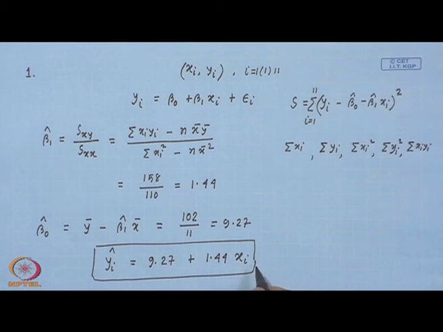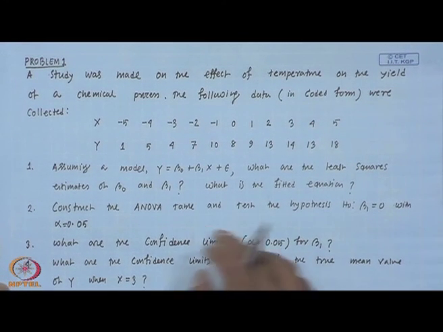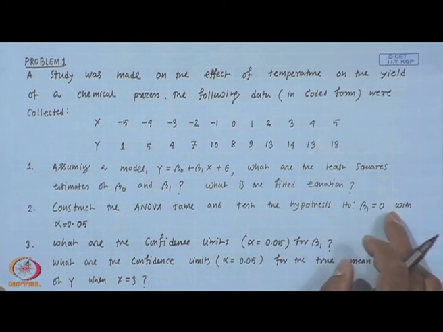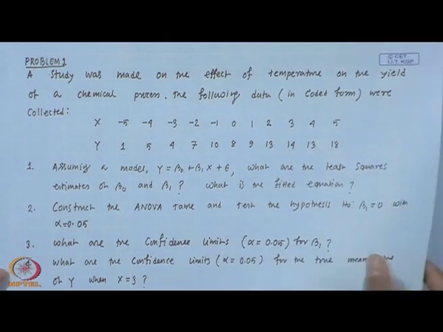So, the next problem says to construct the ANOVA table and then test the hypothesis H naught, that beta 1 equal to 0 at level of significance 0.05.